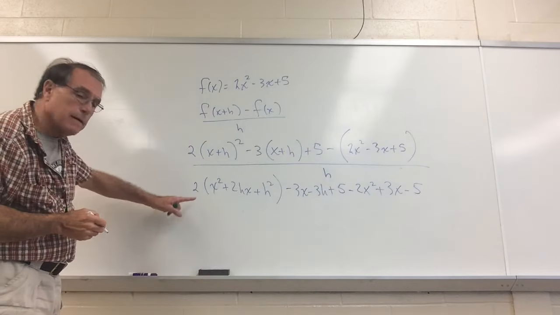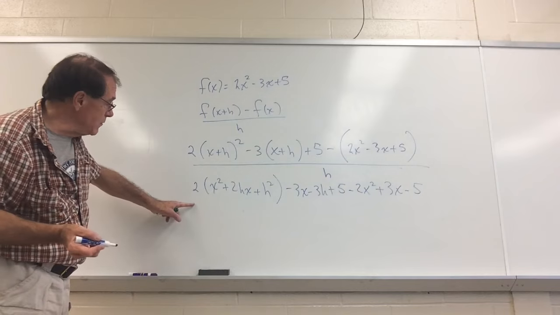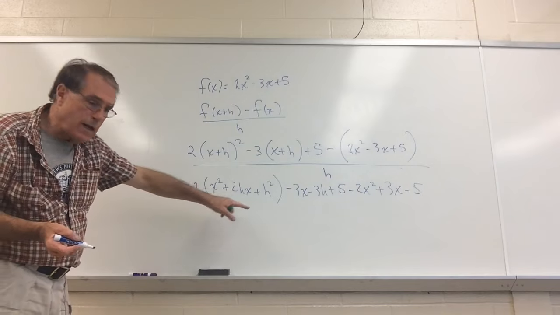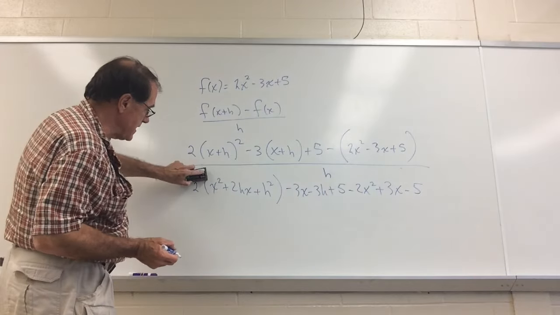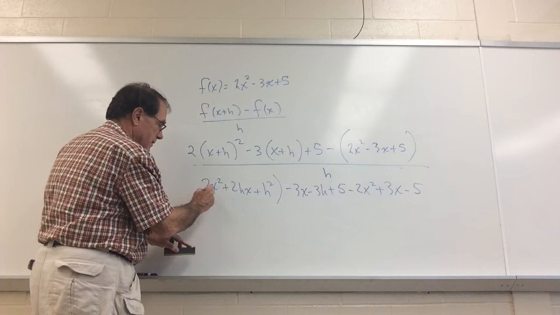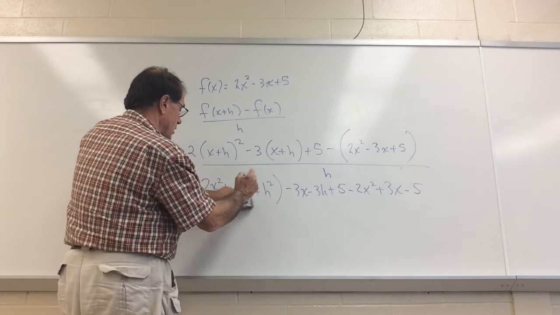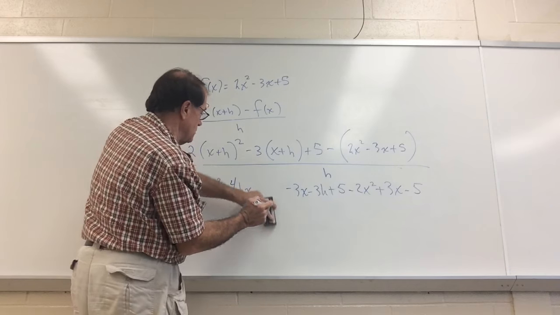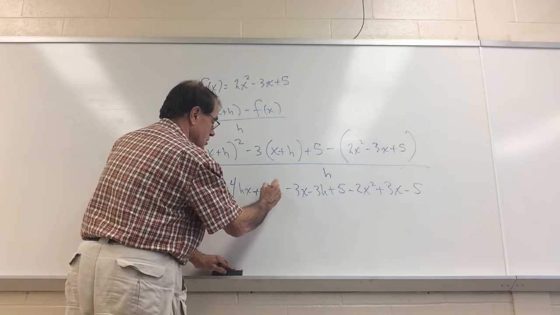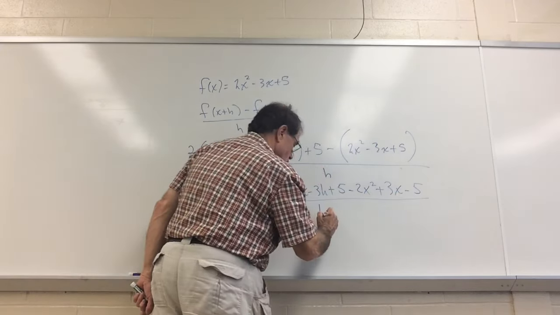I'll come back here and I'll distribute the 2, and if it's okay with you, I'll just do that right here. So I'm distributing 2. So I would have 2 times x squared would be 2x squared. 2 times 2hx would be 4hx. 2 times h squared would be 2h squared. And this is all divided by h.